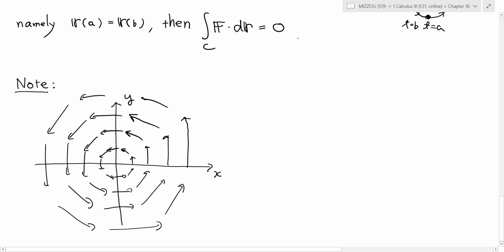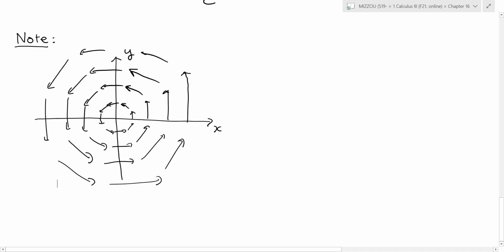So the force is always positive along your direction. Even if you come back, the total amount of work can never be 0, right? So this vector field is not conservative.